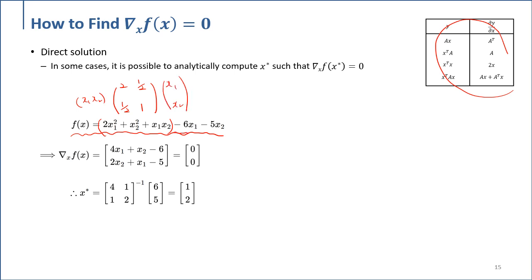And the fourth and fifth terms can be written as -6 and -5 times x1 and x2, right? So the linear equation can be rewritten like this.